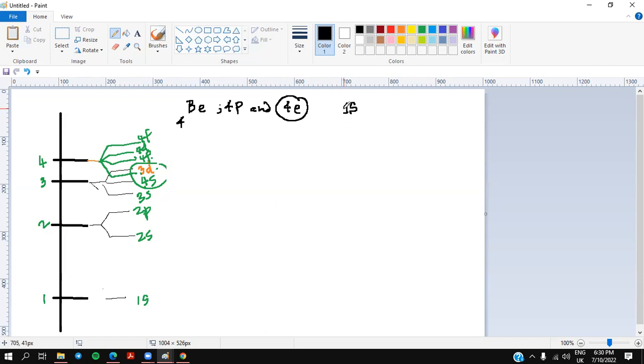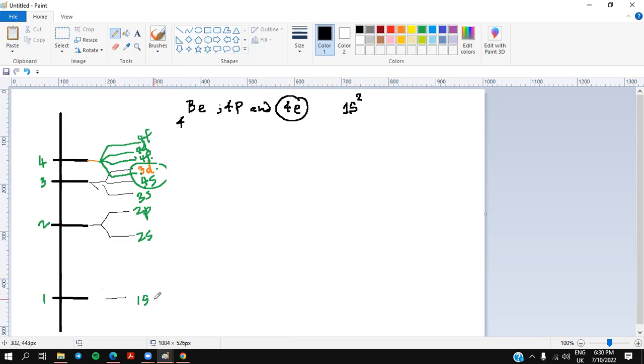1s means in the quantum number 1, subenergy level is s. Beryllium has 4 electrons, but 1s can have only 2 electrons. So you write 1s2. It means in the 1s orbital, we have 2 electrons. From 4 electrons, when you give 2, 2 electrons are remaining.